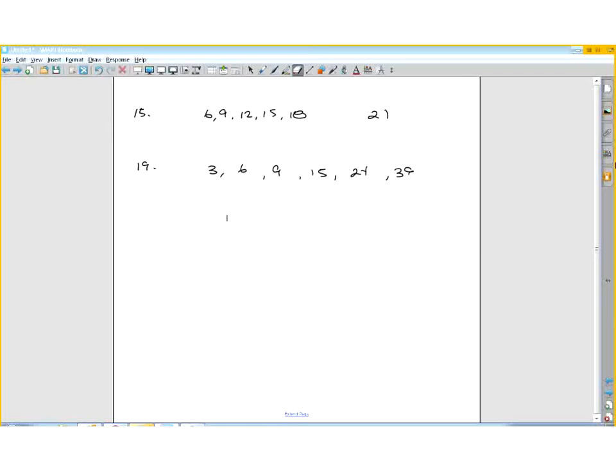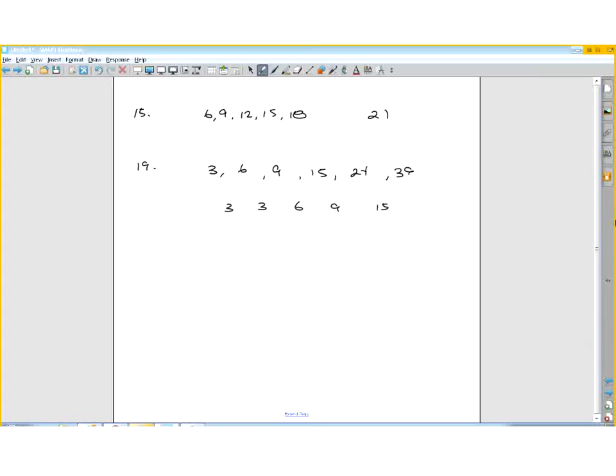So one thing, let's go one level here. If you take 6 minus 3 is 3, 9 minus 6 is 3, 15 minus 9 is 6, 24 minus 15 is 9, 39 minus 24 is 15. Actually, what I saw was if you take this difference and you look at the difference, you'll see that this plus that equals that, this plus that equals that, this plus that equals that.